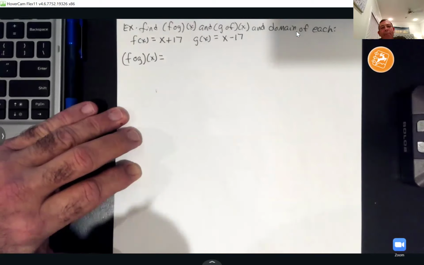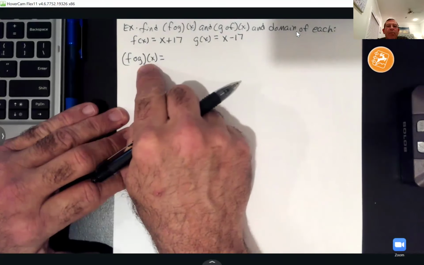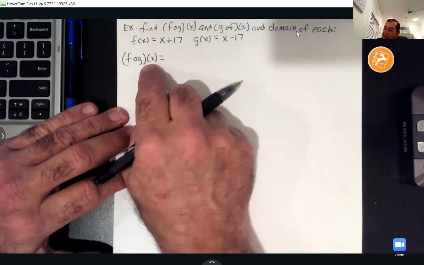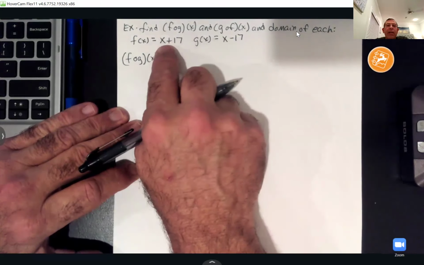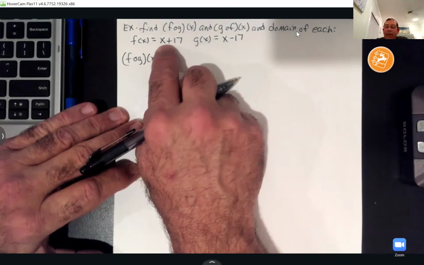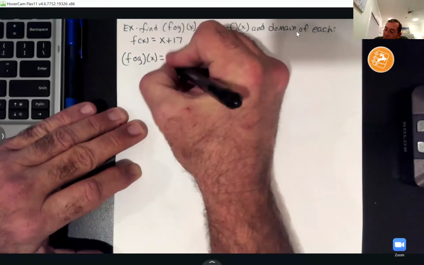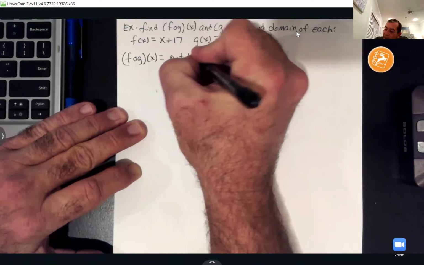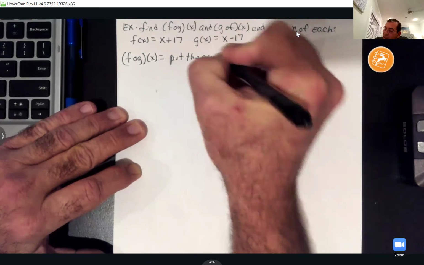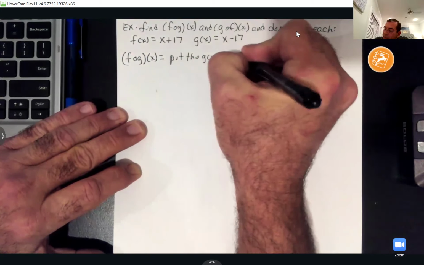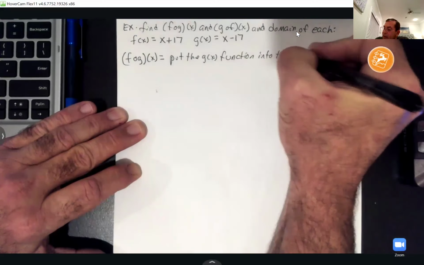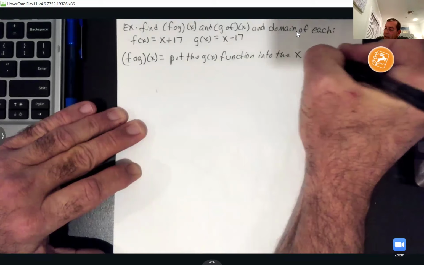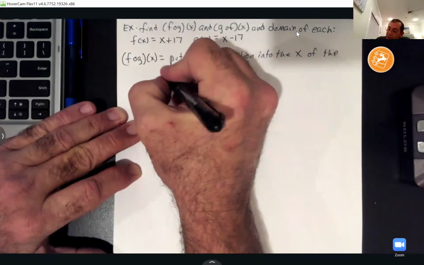So y'all, what happens here when they don't give me a number to put in? What that means is I got to take the g of x function and put into the x of the f of x. So we're going to put the g of x function into the x of the f of x function.